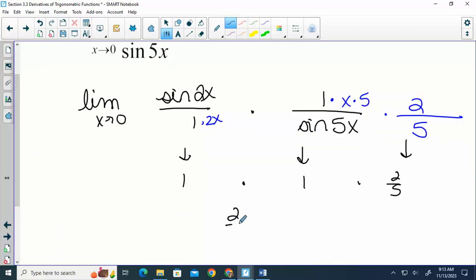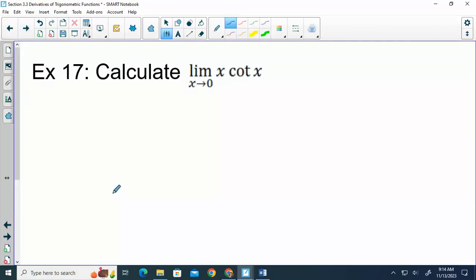So our final answer is 2/5. Any questions on that one? Last problem.